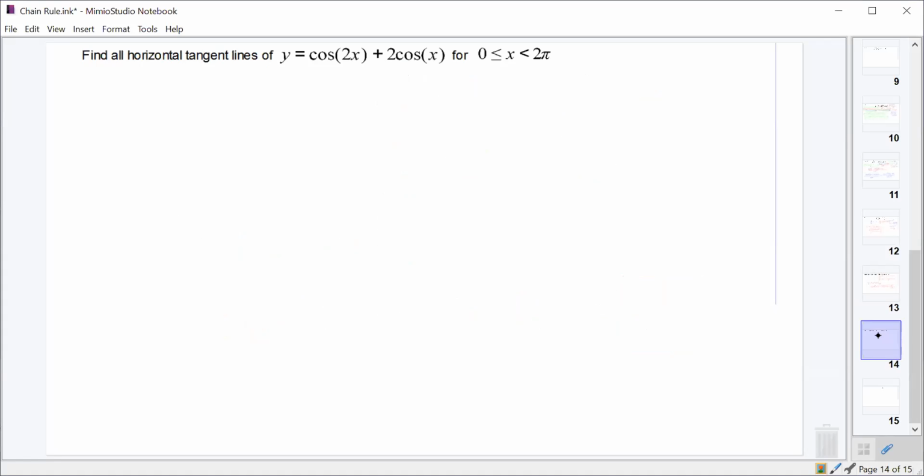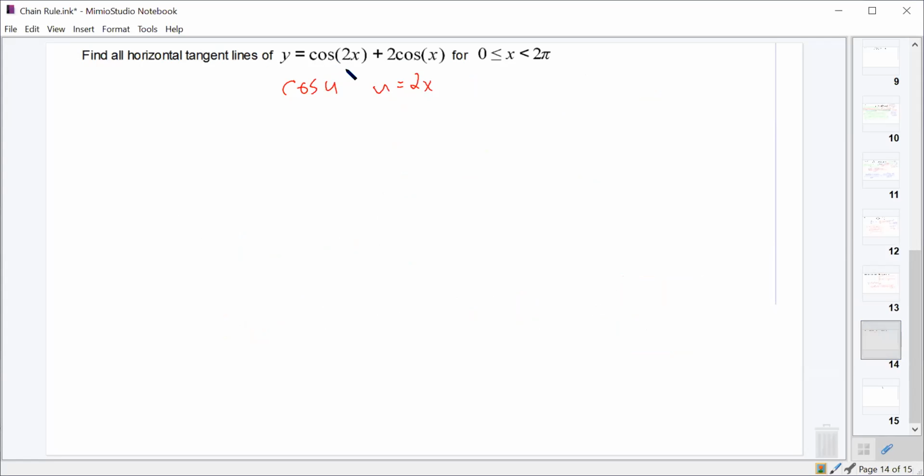Let's see if we can find all of the horizontal tangent lines for this function: cosine 2x plus 2 cosine x. So let's work together to find the derivative on this one. We've got cosine 2x. That's cosine u, right? With u equal to 2x.